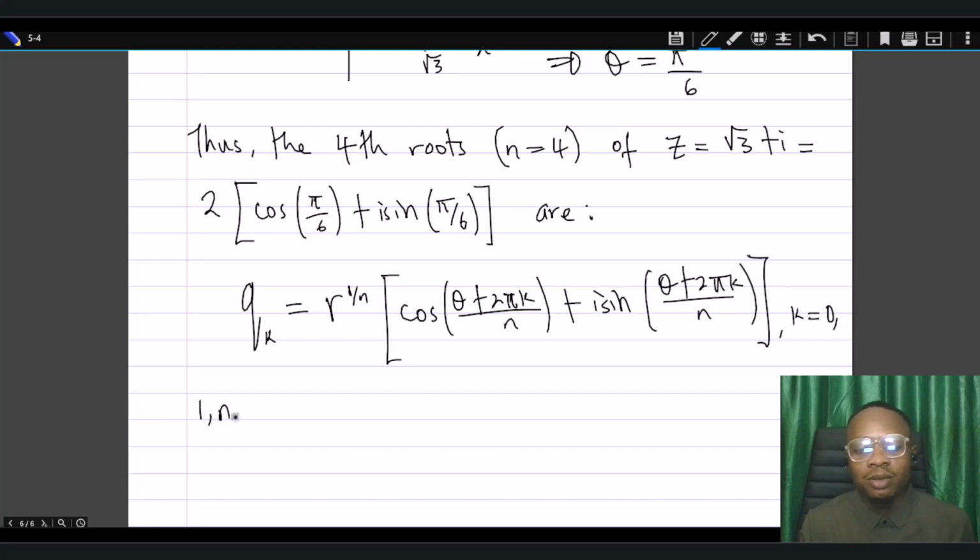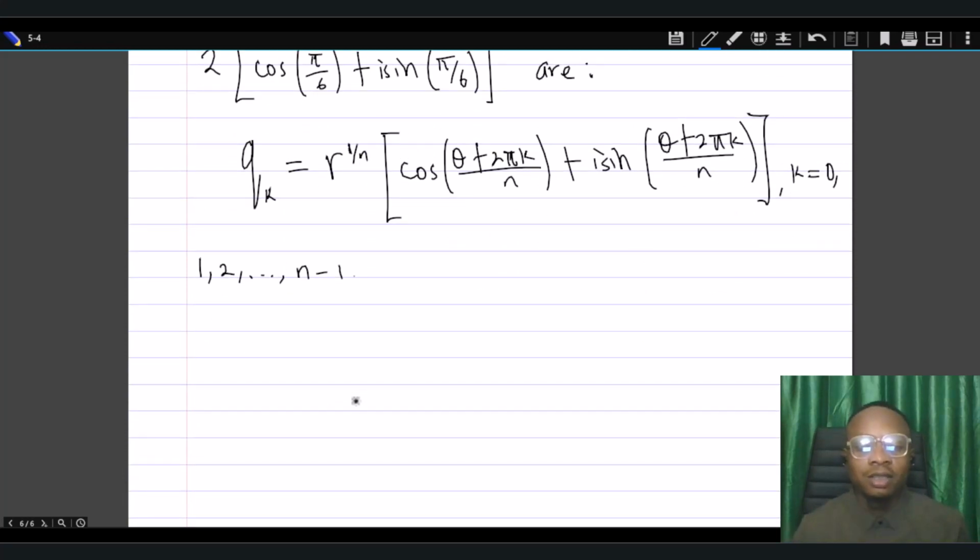So this is 0, 1, 2, and so on and so forth up to n minus 1. So we can now contextualize this. In this case, we know our r is 2 and our theta is pi over 6. So we just contextualize that.